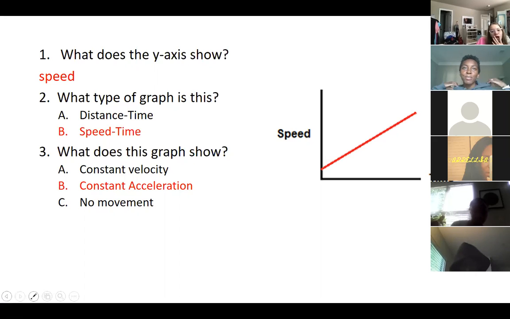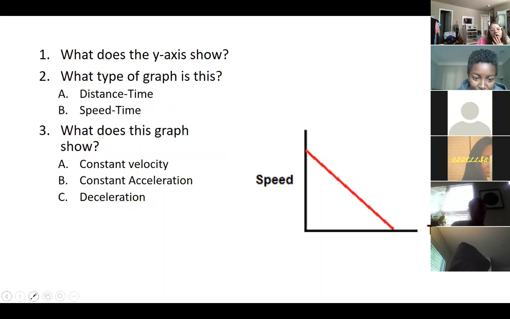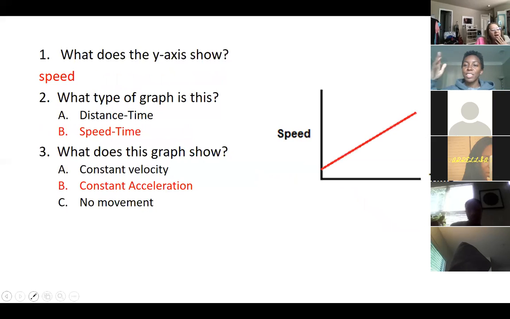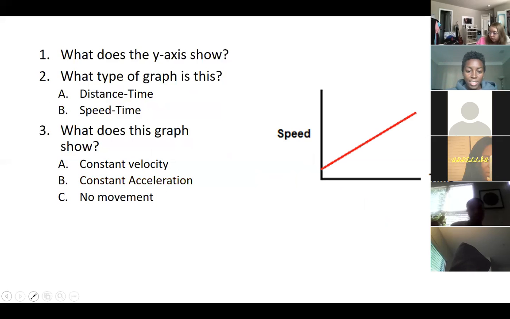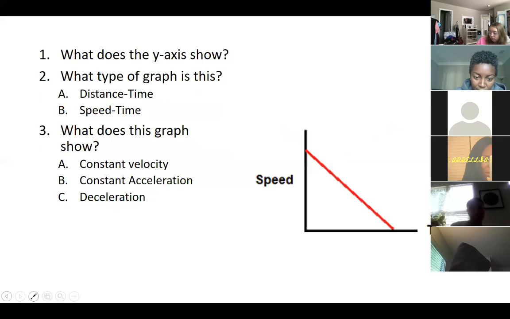So technically, I could say I'm going 55 miles per hour. That's a speed. But then I could say I'm going 55 miles per hour south. That's a velocity, okay? Last slide.